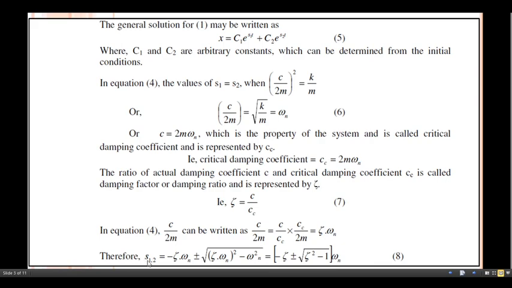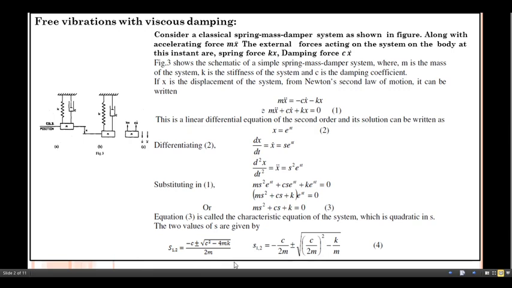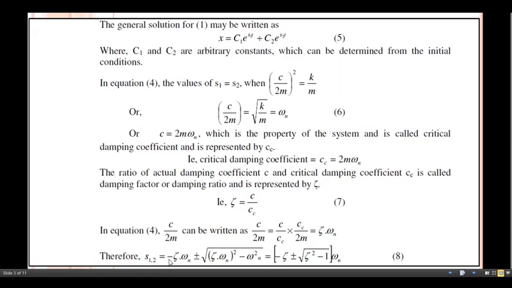Therefore S12 is nothing but, in this relation, you have to replace this c divided by 2m term by zeta into omega n.